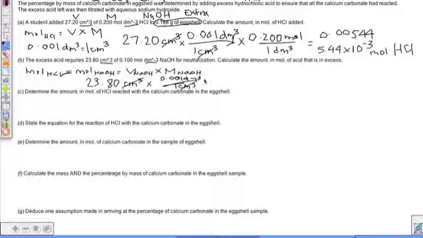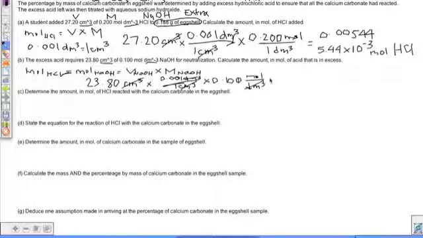Now I can multiply by my molarity of NaOH, 0.100 moles per decimeters cubed. Decimeters cubed cancel out, excuse me. Multiply all my numbers through.